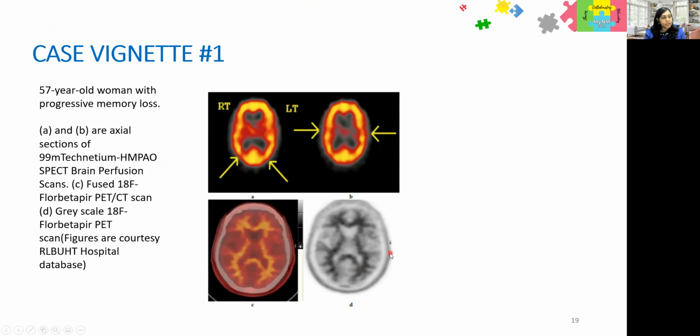The projections indicate certain regions of hypoperfusion on SPECT imaging, and this amyloid scan. Can you interpret what would be the likely diagnosis for this patient?